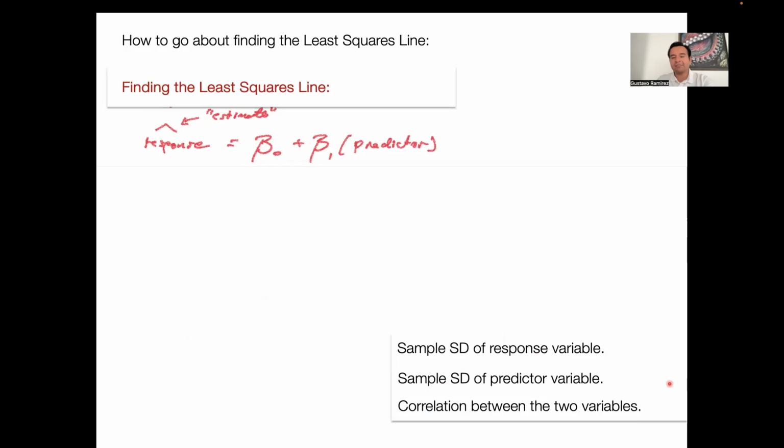Okay, so again, this is the linear model formula. All of these parameters, beta naught and beta 1, the y-intercept and the slope, have to be estimated. So we need data in order to estimate these parameters.